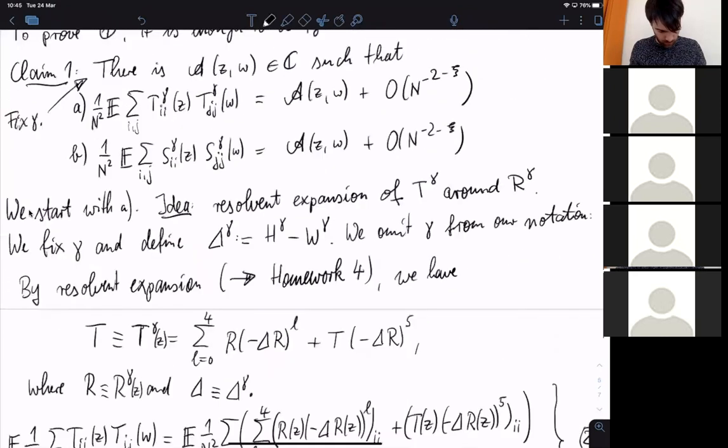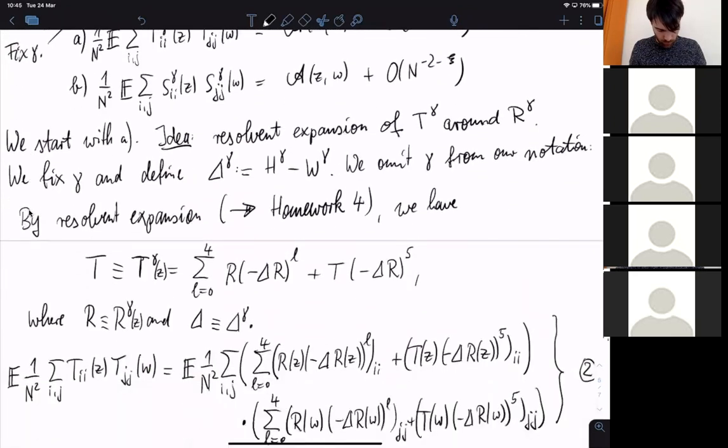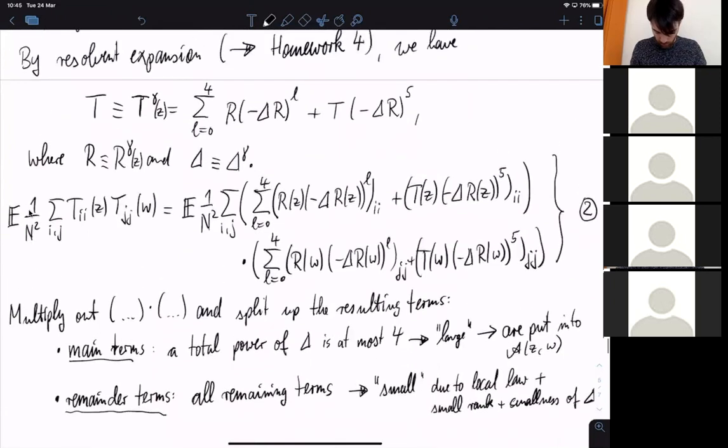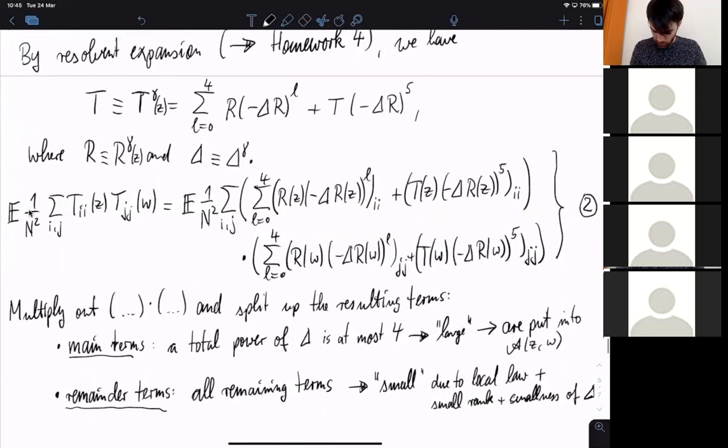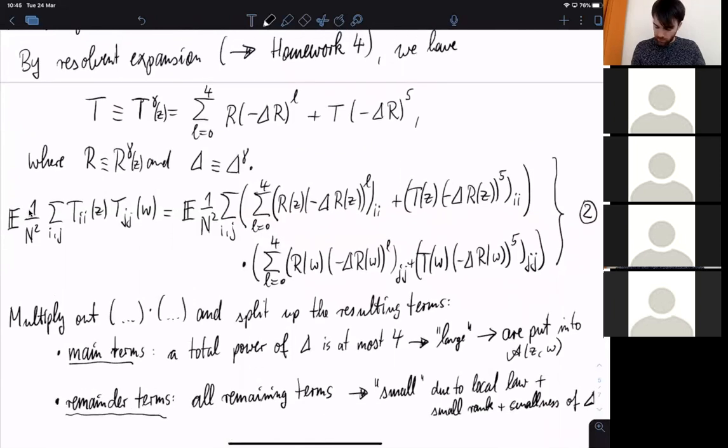I'm not sure whether maybe it's good to take another picture now, maybe like this. If there's something missing and you don't have a picture, then let me know. Then I can show you this part again.